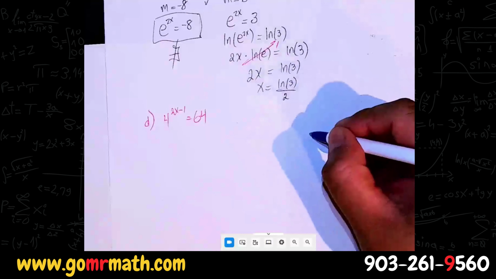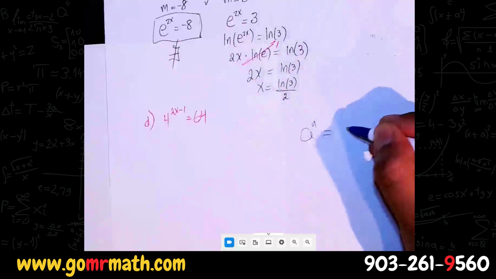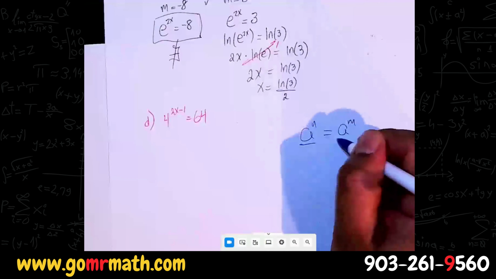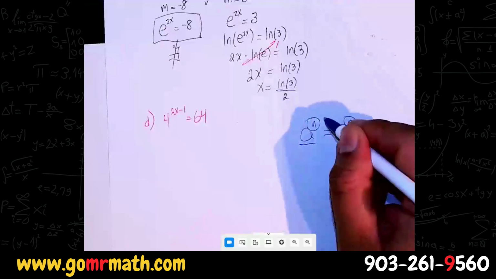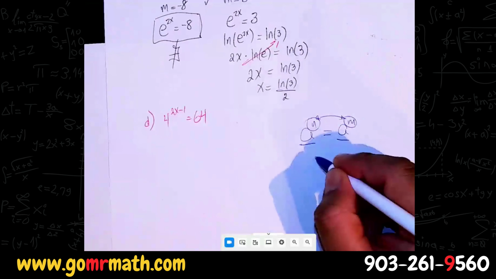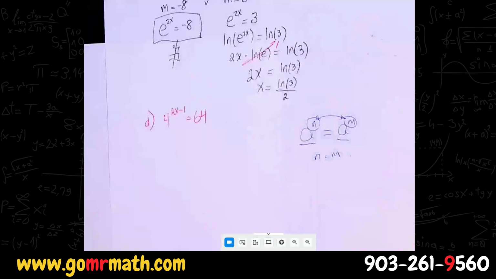Let's remember that when we have a to the n equals to a to the m, if the bases are the same, we need to make the exponents the same as well. So then we have n equals to m. So we need to find a way to manipulate this 64 to create the same base.